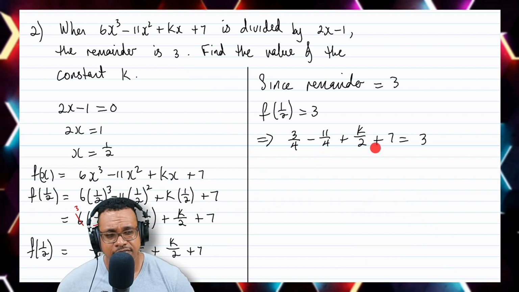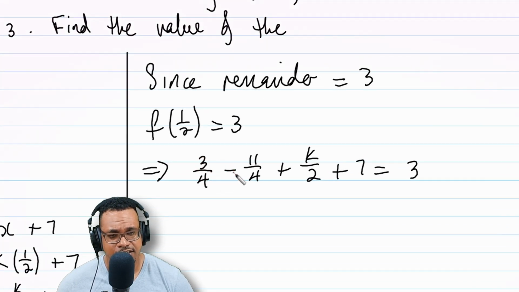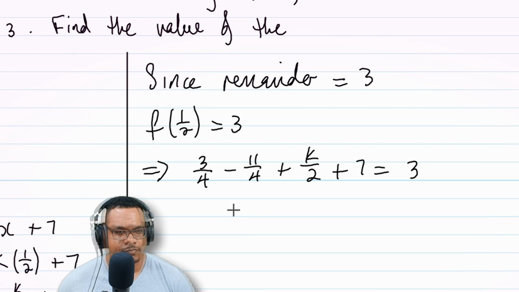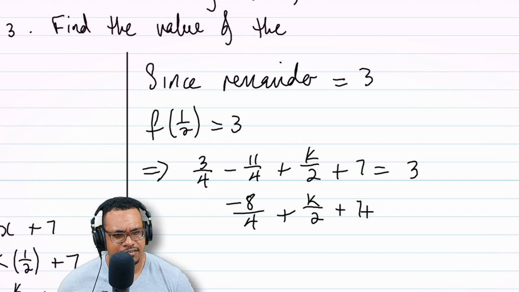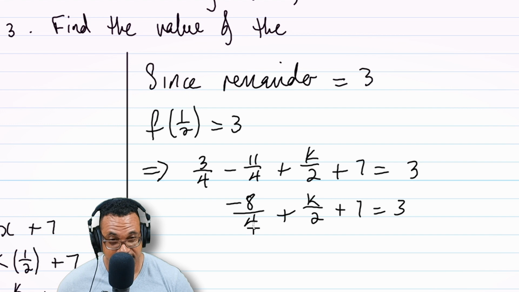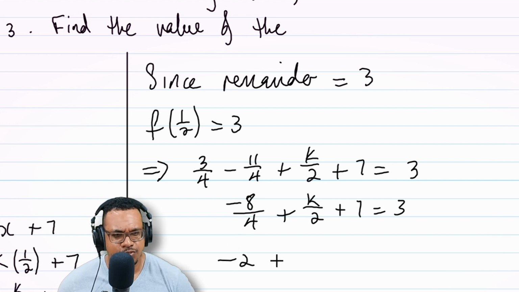So what we could do, we could simplify this left-hand side. We have 3/4 take away 11 over 4. Denominators are the same. So you can just say 3 take away 11 and get negative 8 over 4. So I'll write negative 8 over 4 plus k over 2 plus 7 is equal to 3. Of course, negative 8 over 4 is equal to negative 2 because 4 into 4, 1, 4 into 8, 2. So we're going to have negative 2 plus k over 2 plus 7 is equal to 3.